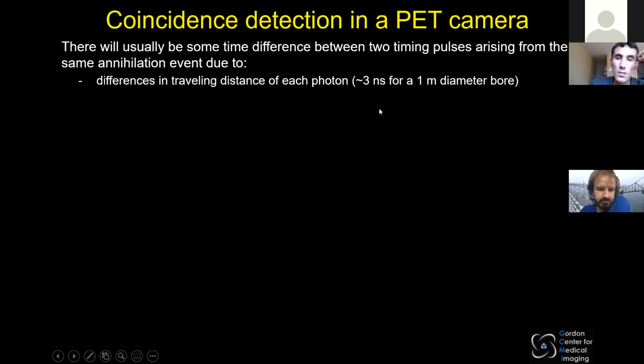That is going to lead to small timing differences that can be up to 3 nanoseconds for a 1 meter diameter bore. So when the system decides whether T1 and T2 are close enough to form a coincidence event or not, it has to account for this potential 3 nanoseconds difference.